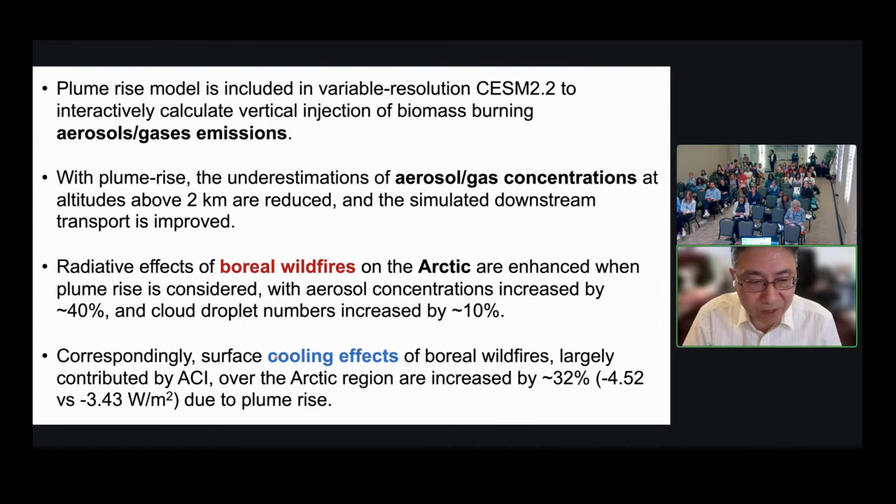The net cooling effect on the surface can increase by 32%, from 3.4 watts per square meter up to 4.5 watts per square meter in the Arctic. And this is all. Thank you very much.